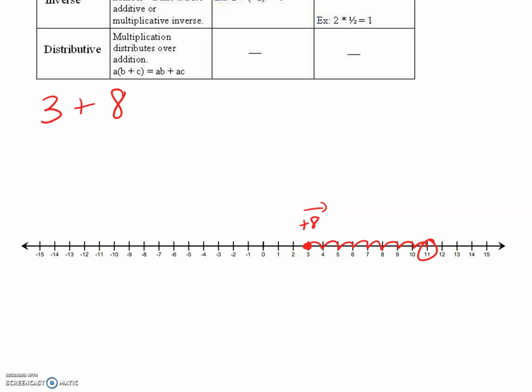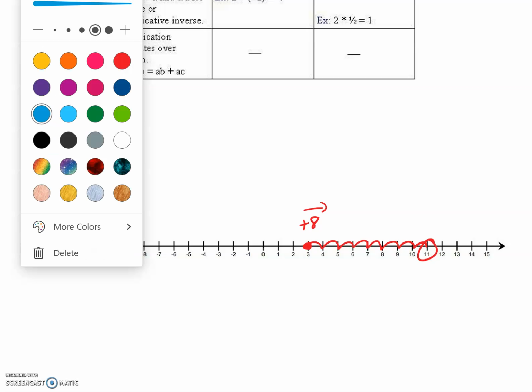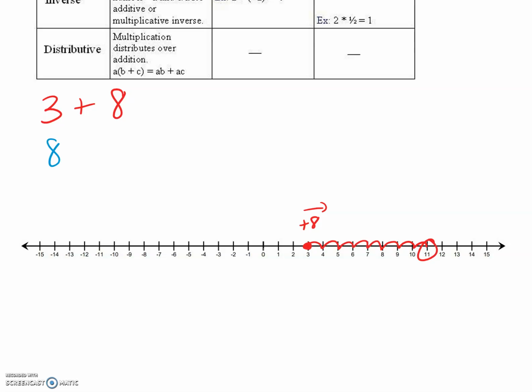I get 11. Cool. The commutative property of addition tells me that if I rearrange the order of the numbers, I'm going to get the same result. So if I take 8 plus 3, I start at positive 8, add 3, moving 3 units to the right, and I wind up at 11 again.